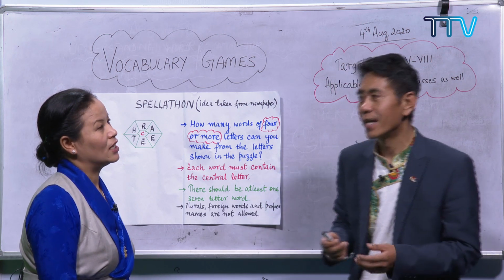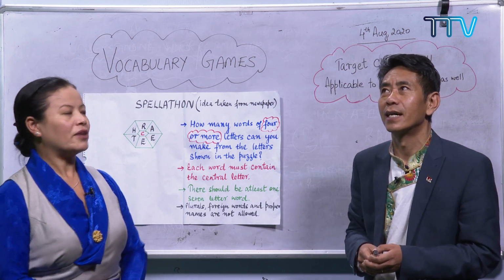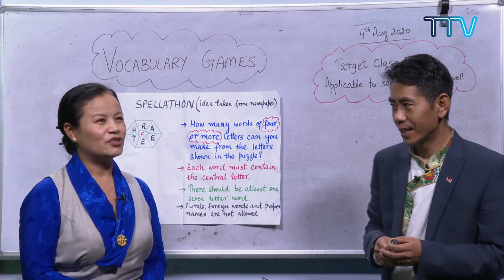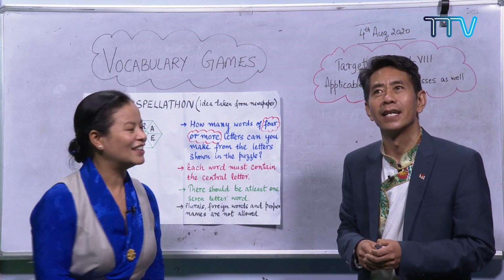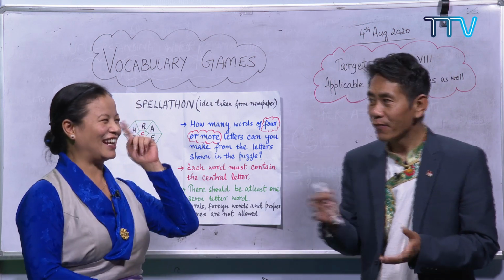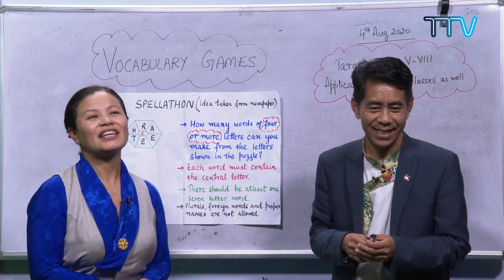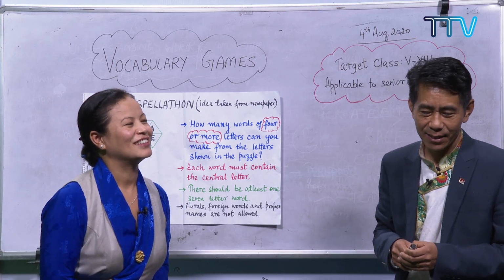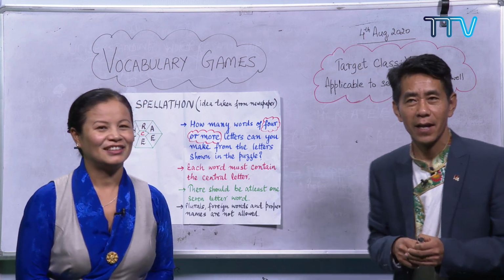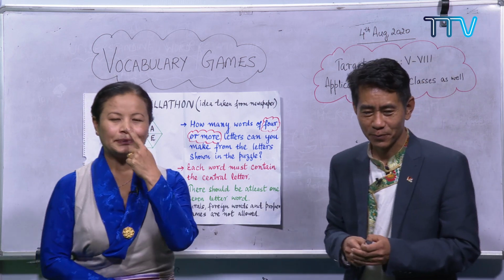Teacher. Rabbit. Tree. Eagle. Again A, you have to think. Elephant. Town. Nose. Ear.